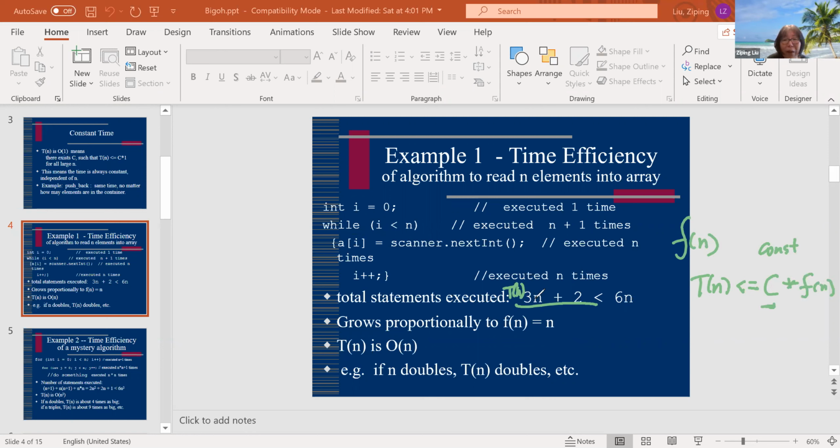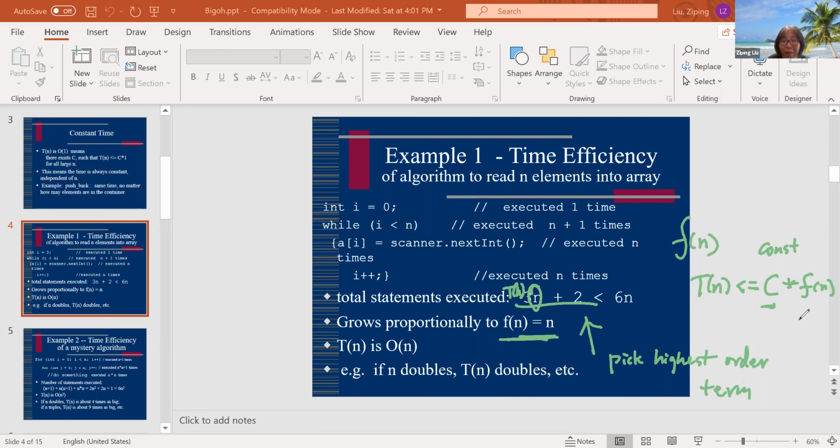So this is a polynomial, and generally speaking, when you have a polynomial, you pick the highest order term. So we pick this n, that linear term, as our Fn.